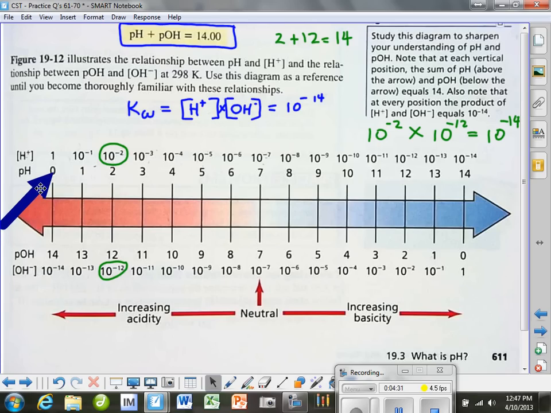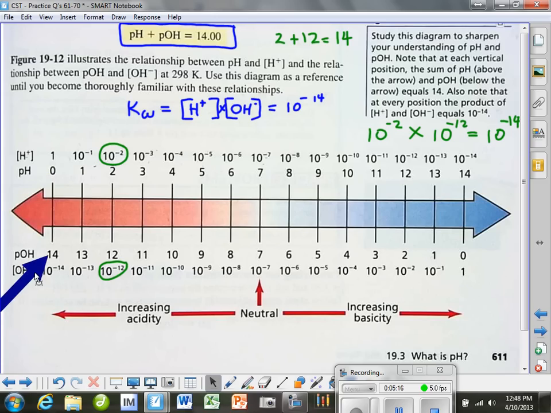So the pH goes from 0, most acidic, to 14, which is the most basic. And when we go either side of 7, we go either acid or we go base. Now pOH is exactly the opposite, as you would expect it to be, because these are added to get 14. So the largest number of pOH is actually the smallest number of the pH, which is 0, and those two added together come up to 14, as they should.